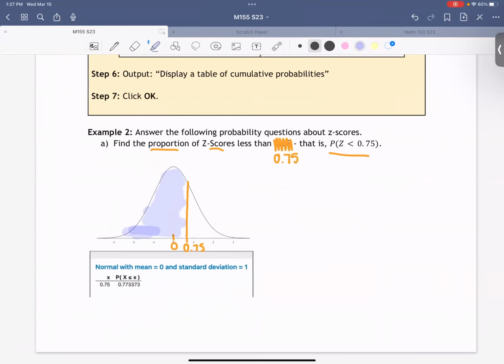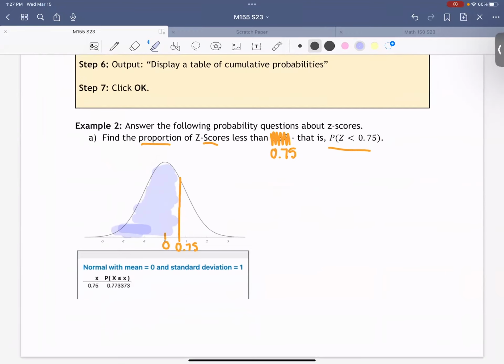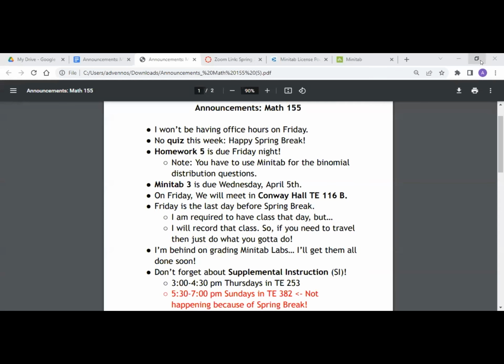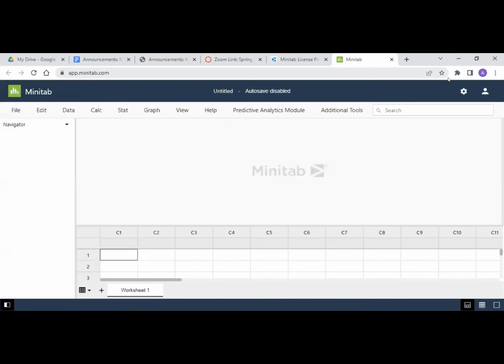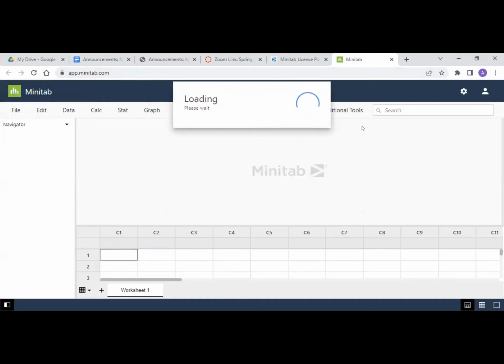for Minitab, and I actually want to show you what I'm doing here. All right, let's go to Minitab. If you look up at the instructions here, I'm just going to follow what it says. My session has expired.